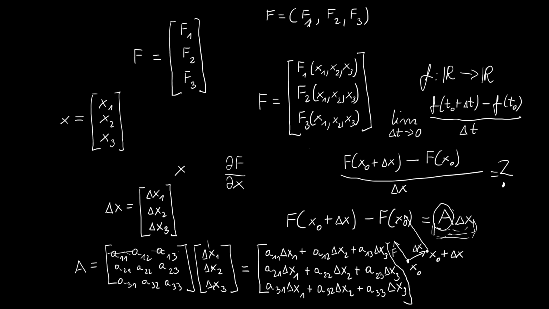But we can write it as multiplication, which we understand because we know how to multiply matrices, and obviously our vector is a column vector, so it's just a matrix of dimension 3 times 1.